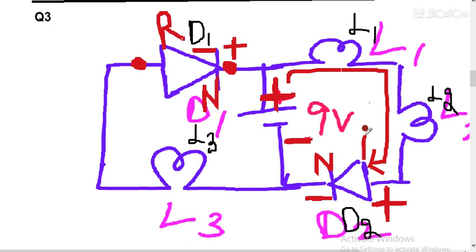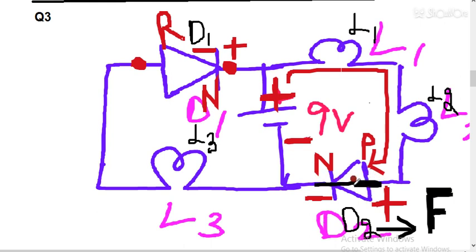So the N side is connected to negative, the P side is connected to positive. That means this D2 diode is forward biased. Students, I am repeating, this D2 diode is forward biased. You can note down. So it will act as a closed switch.